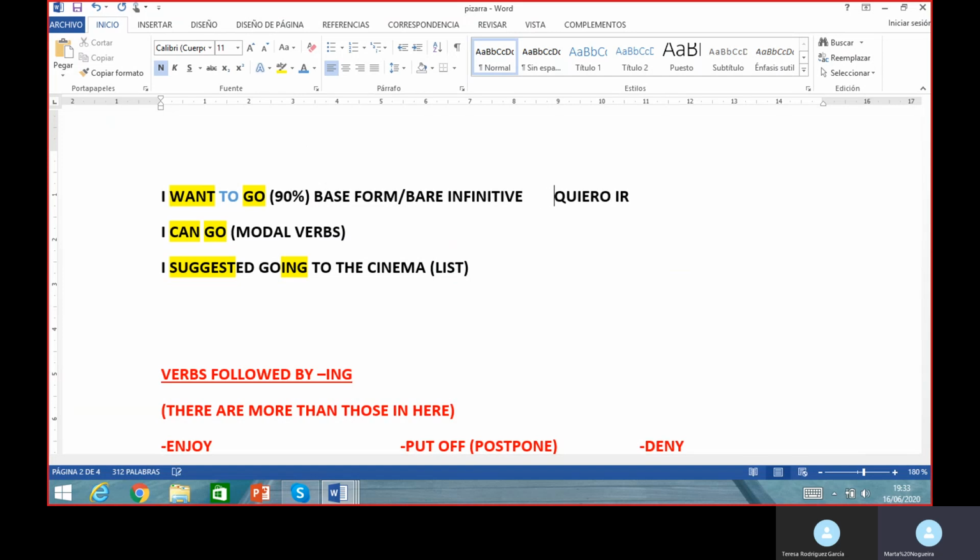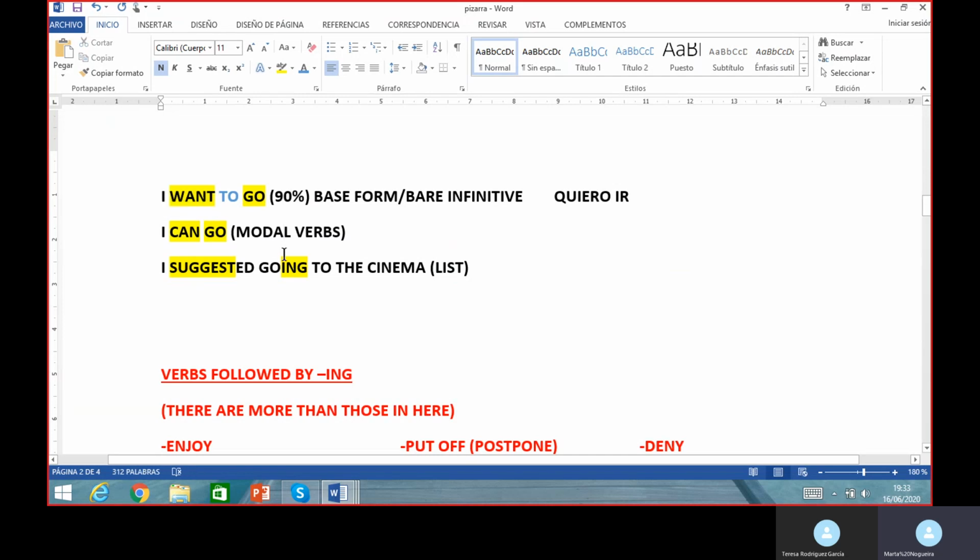In Spanish, for example, we say quiero ir, I want to go. So we conjugate the first and then we put the infinitive. In English, it is exactly the same.